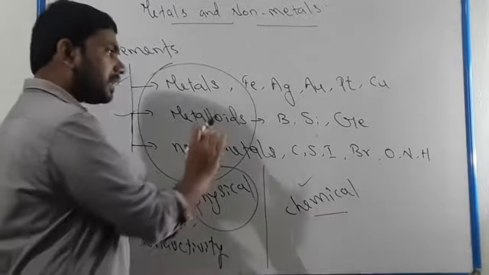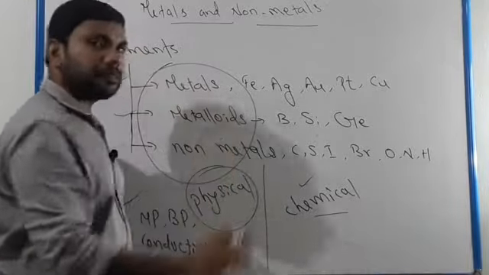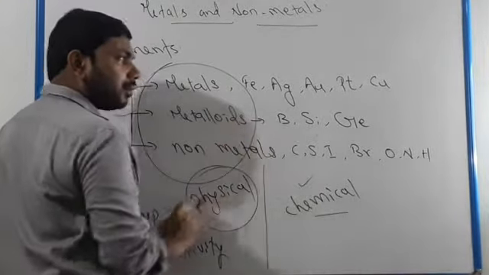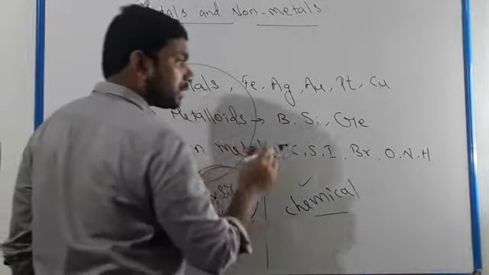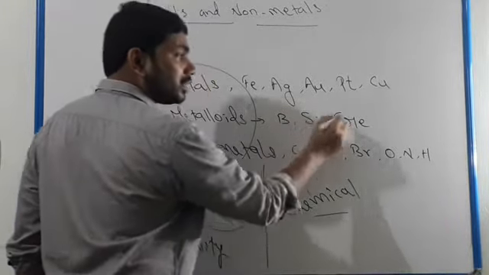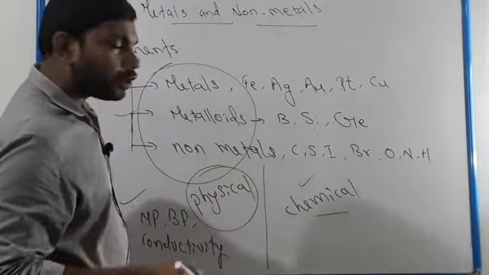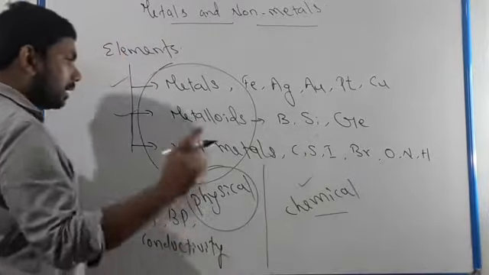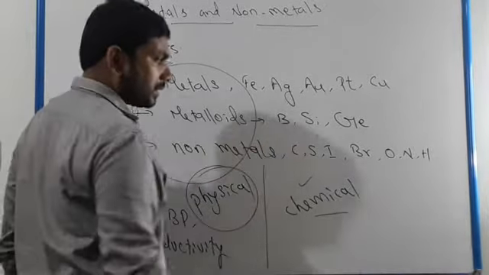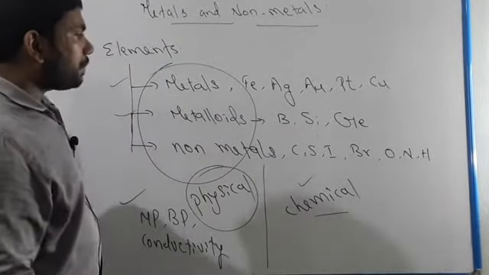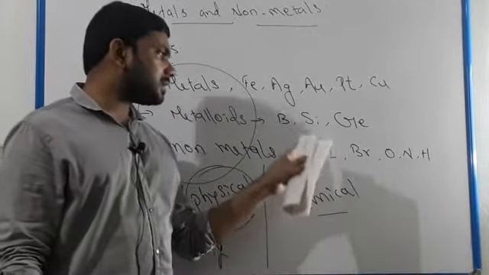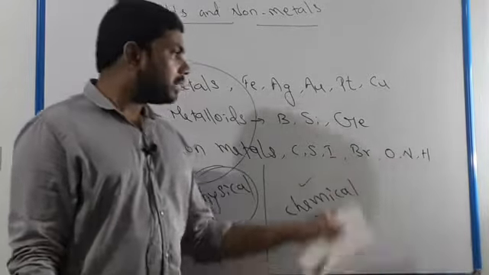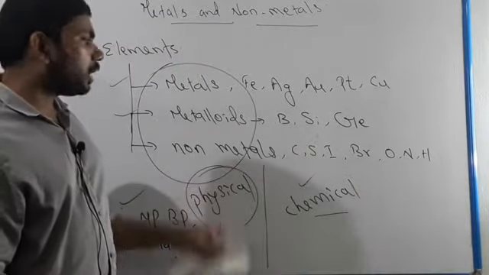Examples of metalloids: boron, silicon, germanium. Another classification is non-metals. Examples: carbon, sulfur, iodine, bromine, oxygen, nitrogen, hydrogen.